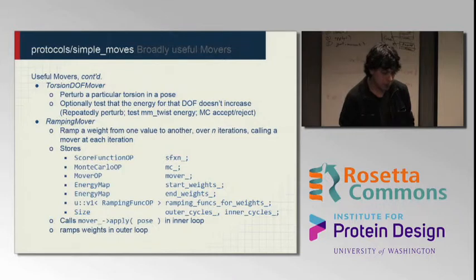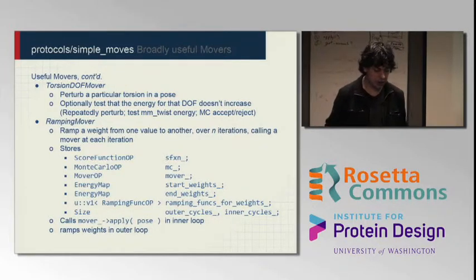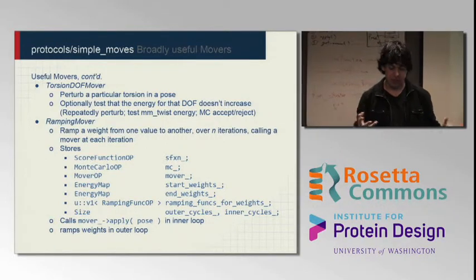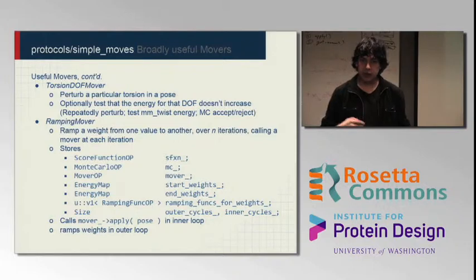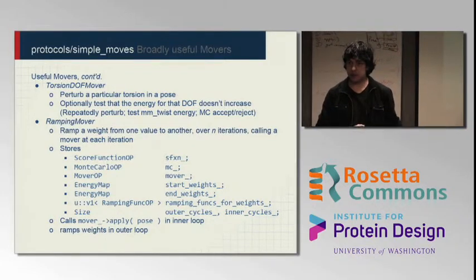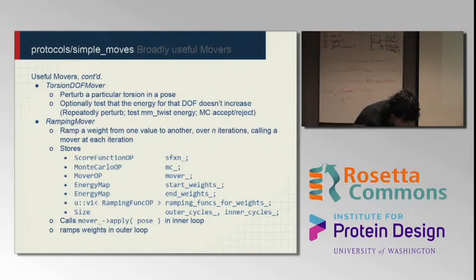You have a ramping mover, which is crucial to move into a Monte Carlo style minimization, in which you can ramp, right, the values of essentially the weights of the scoring function in order to minimize or to perturbate minimums of the energy and escape and be able to jump into another minimum of energy.